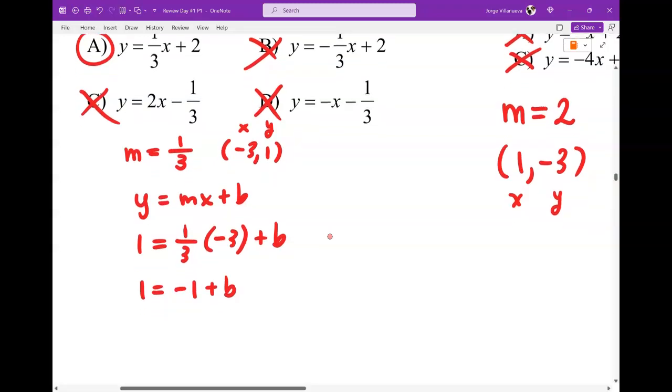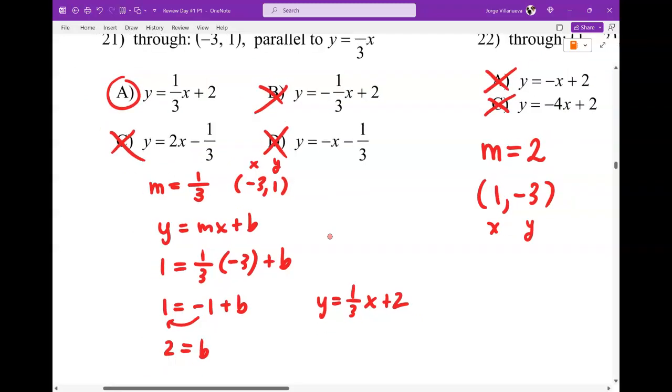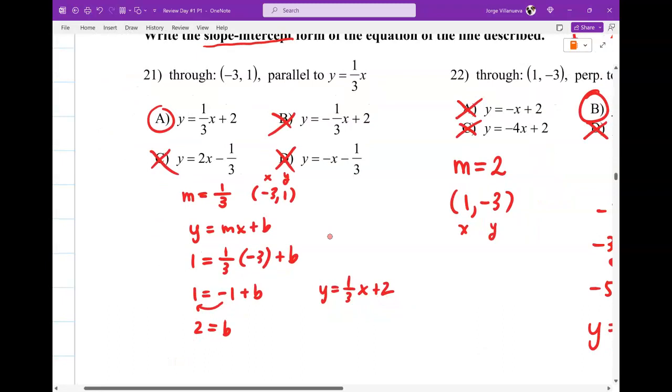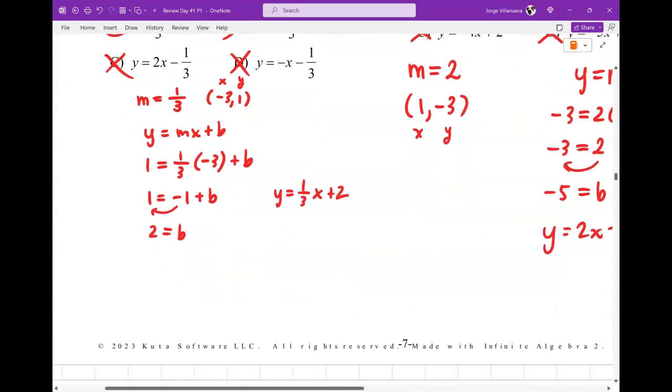If I move the -1 over, that gives me 2 equal to b, which is what I said. If b is equal to 2, I'm good. So your equation would be y equals 1/3 x plus 2, which is A. So there's that one. We did 22.